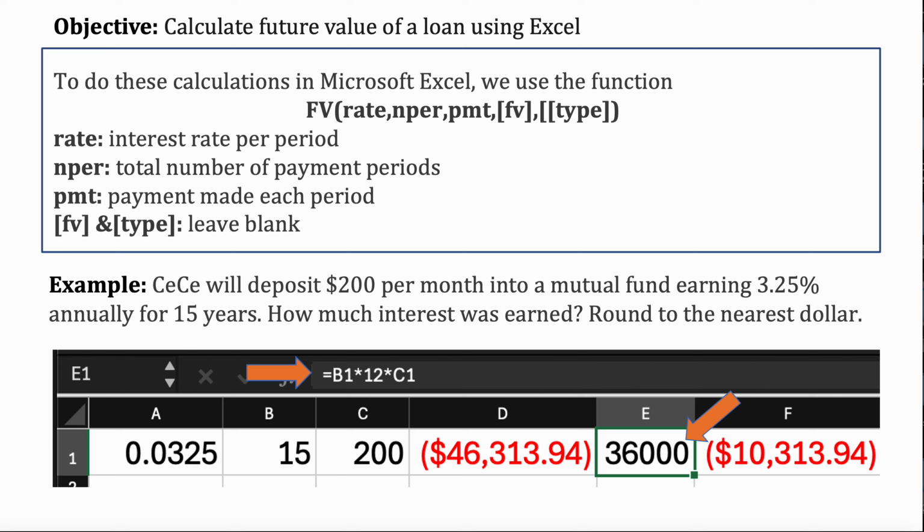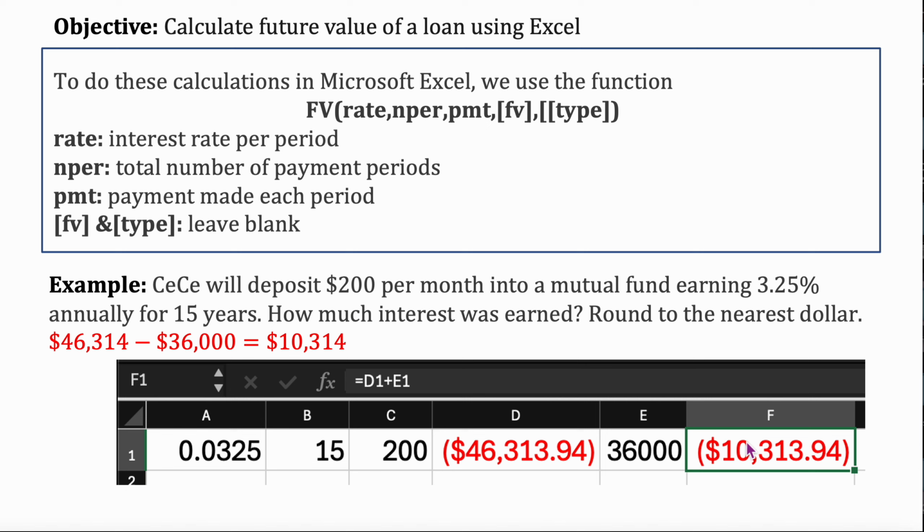So what does that mean? Well, I gave the bank $36,000. At the end, the future value is $46,313.94. And so how much was actually interest? Well, that brings us to this number here. So I just had the two added together. So a positive and a negative added together. We'll subtract them.